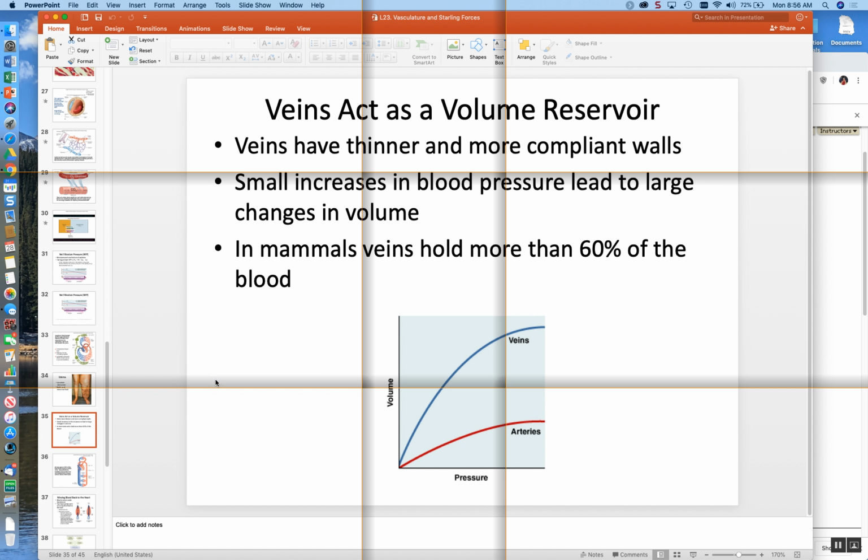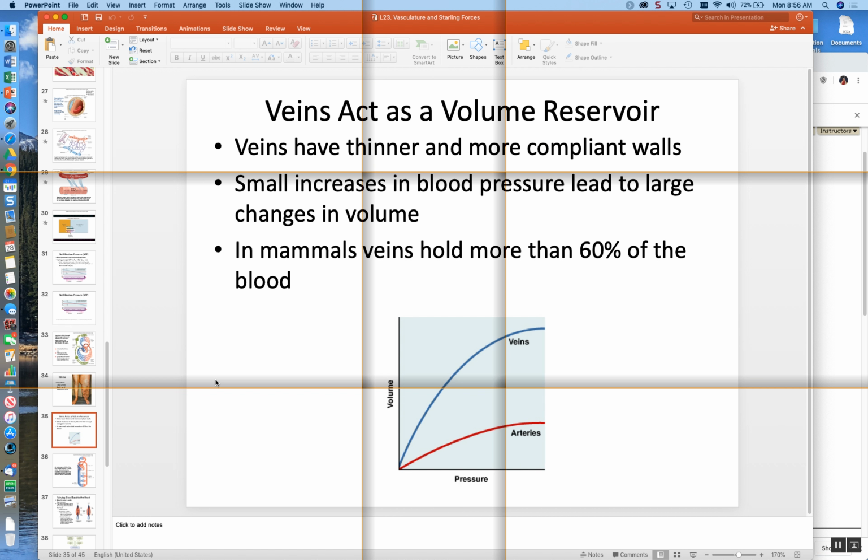All right, veins act as a volume reservoir. They're very floppy. They have a very compliant wall. That means small changes in pressure translate to huge changes in volume. So small increases in blood pressure lead to large changes in volume. What that means is about 60% of your blood is actually pooling in your veins. There's no elastic property to keep the blood moving.